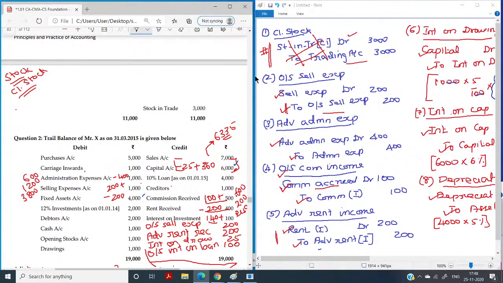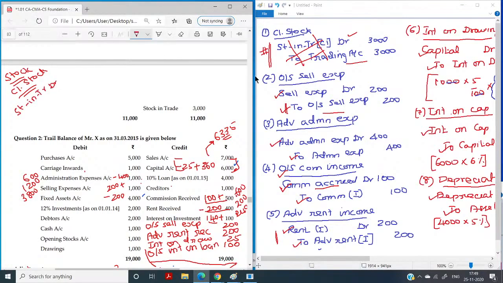So, stock in trade account debit to purchases. This is going to be adjusted in the purchases, the closing stock value being 3,000 rupees. Is it clear?